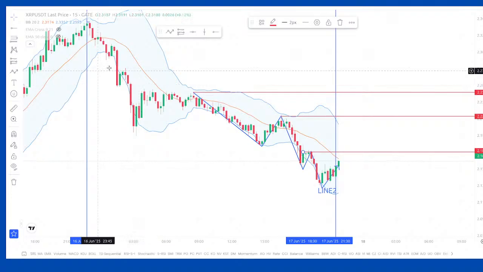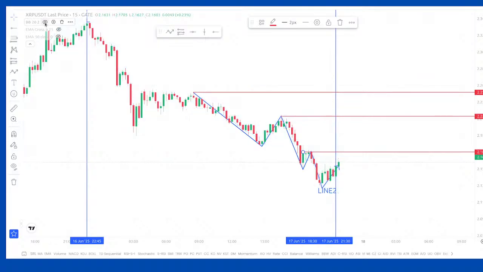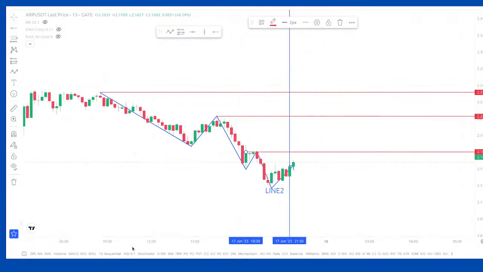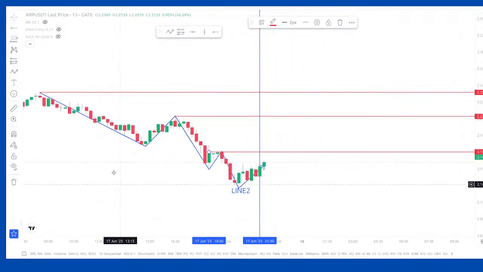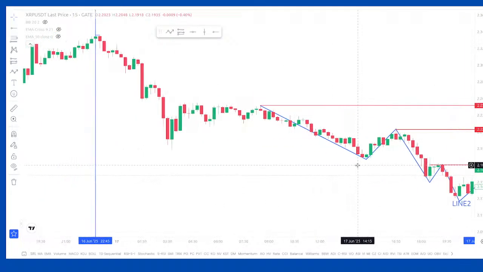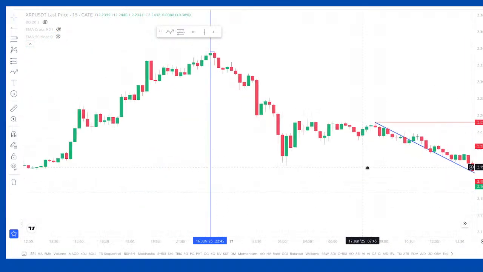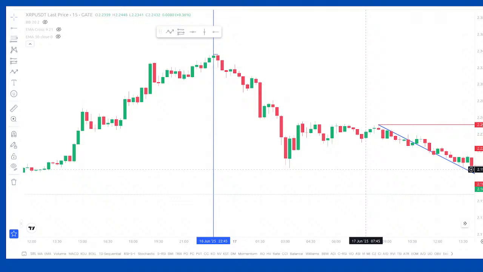So a wick simply means, an example from this. Let me switch off Bollinger Bands so that I explain, maybe for those who don't know, what a wick and a body is. Let me zoom and select one candlestick that has both characteristics of a wick and a body.